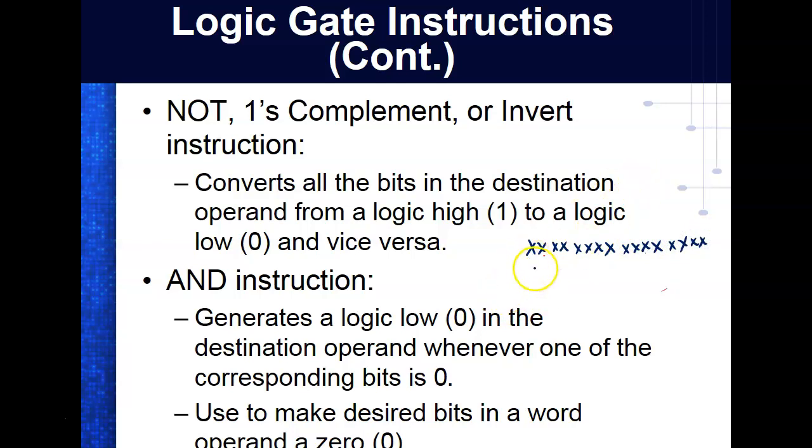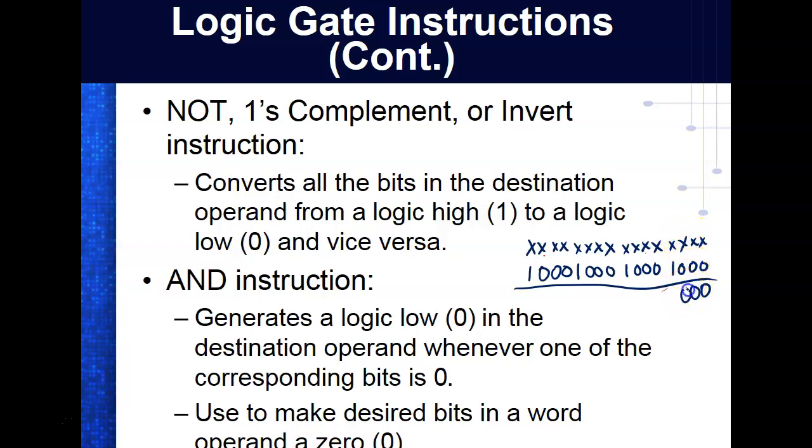And then down here is the mask. Let's say I do this mask. Well, what would come over in my answer, no matter what this is? It would be a 0.